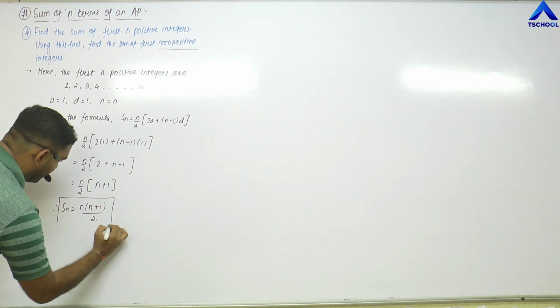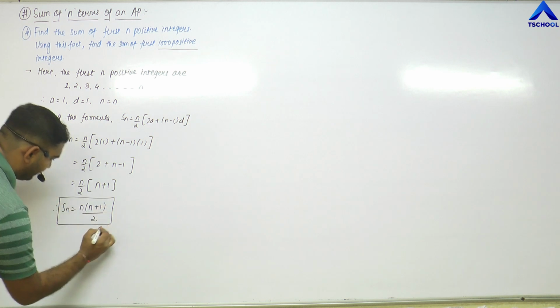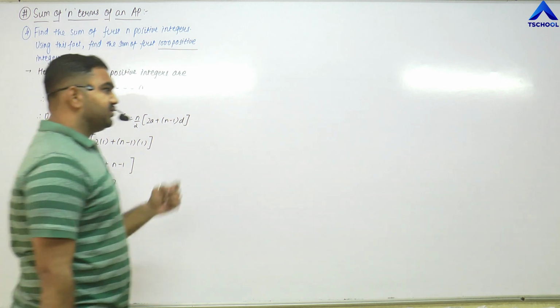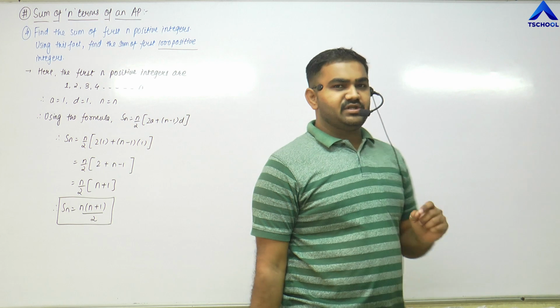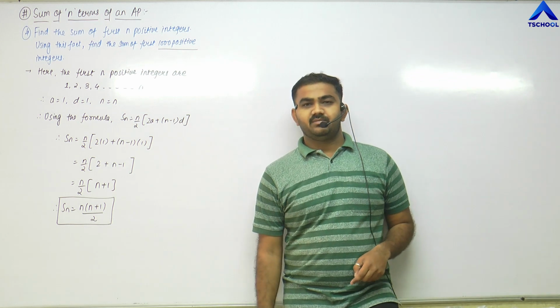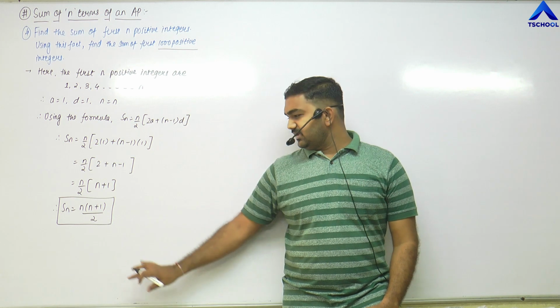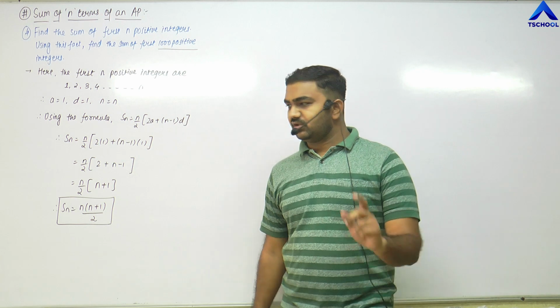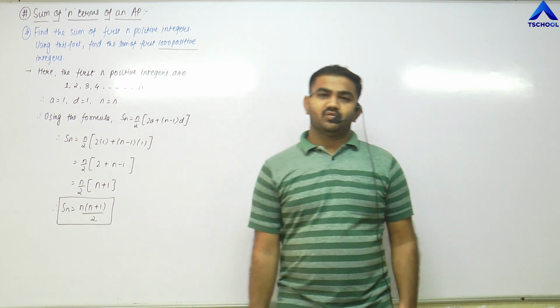That is to be remembered, friends, whenever you want to find out the sum of first n positive integers. So the formula to get the sum of first n positive integers directly is Sn equals to n into n plus 1 by 2, or simply n by 2 into n plus 1.